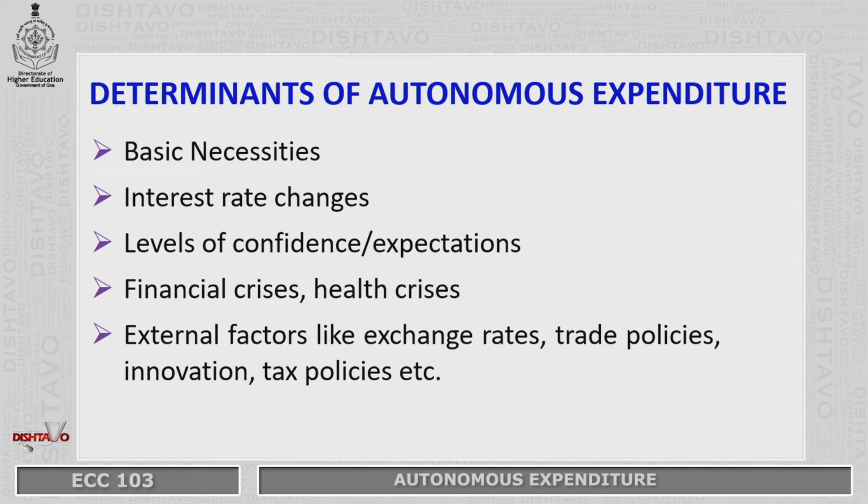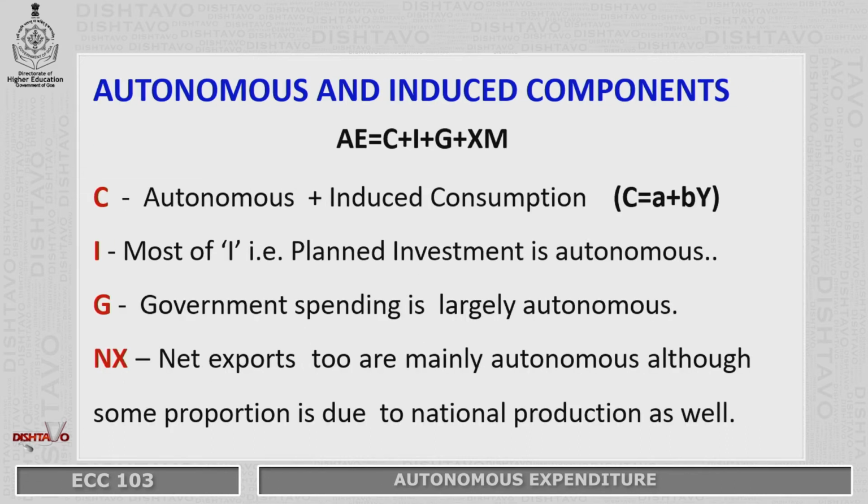In the current scenario, when there is business pessimism prevailing, autonomous expenditures are at extremely low levels. So financial crisis or any type of health crisis like the one we are witnessing at present affects the extent of autonomous expenditures in an economy. Besides this, there are external factors like exchange rates, trade policies, innovation, and tax policies that affect autonomous expenditures.